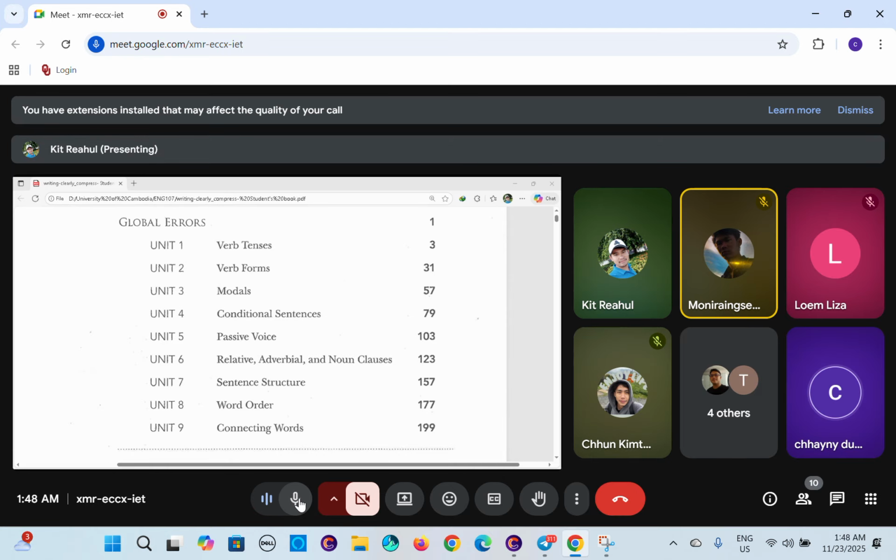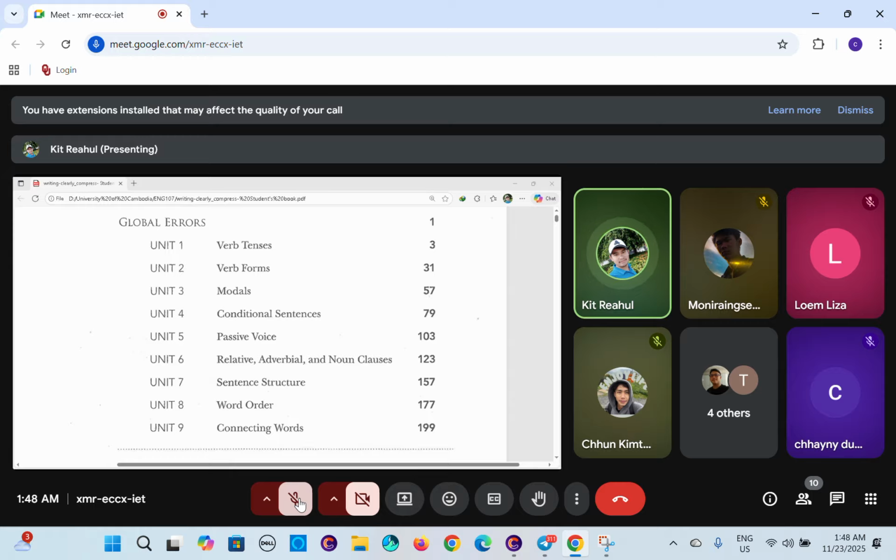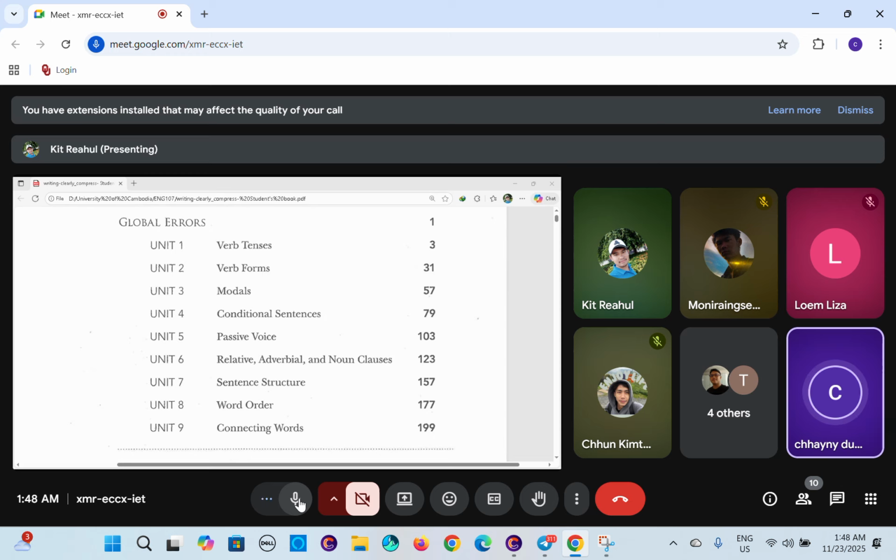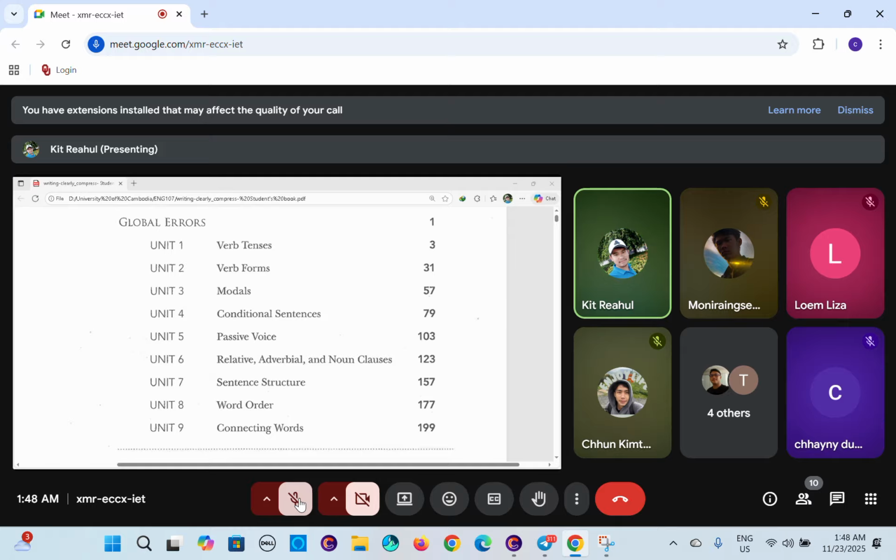Yes, teacher. And how about verb three? The perfect and passive voice. You're right. We use past participle for perfect and passive voice.